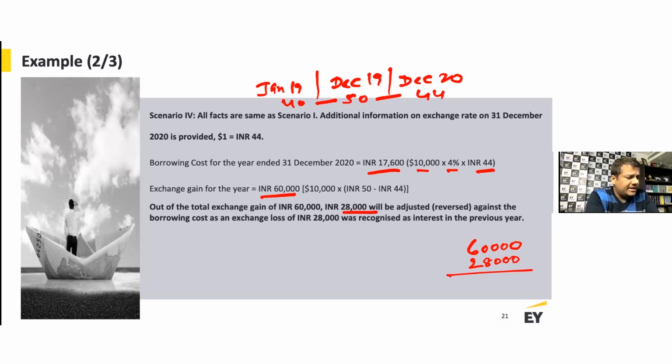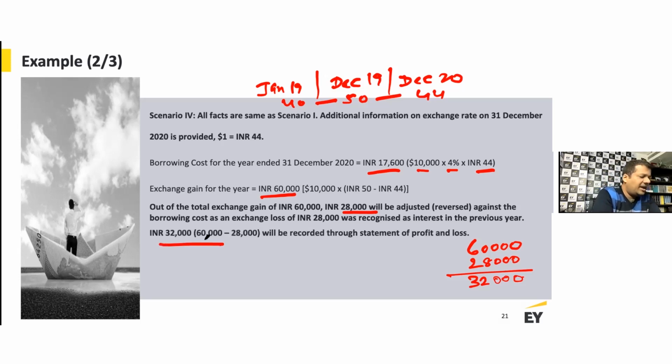So this is equal to 32,000, which is actually a foreign exchange gain. So 32,000 is a foreign exchange gain and will be recorded in the statement of profit and loss. I hope that's making sense to you. You've got to look at the principle. The principle is that I have to capitalize interest cost.